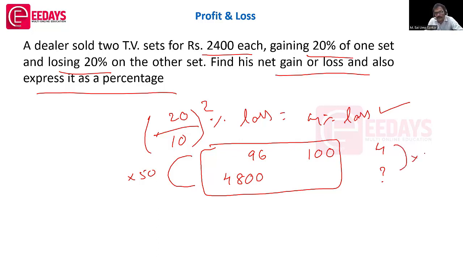So 4 into 50, so that is equal to 200 loss. That is the answer. ఇక్కడ మనం ఇది క్యాలిక్యులేట్ చేయాల్సిన అవసరం లేదు. డైరెక్ట్ గా మనకి ఏది అడిగితే అది, ఈ మెథడ్ లో కాస్ట్ ప్రైస్ అడిగాడు అనుకోండి, ఇక్కడ ఏం అవుతుంది. అక్కడ లాస్ అడిగాడు అనుకోండి, ఇక్కడ ఏమవుతుంది. ఏది కావాలంటే అది మాత్రం మనం ఫైండ్ అవుట్ చేద్దాం. ఓకే, రైట్.